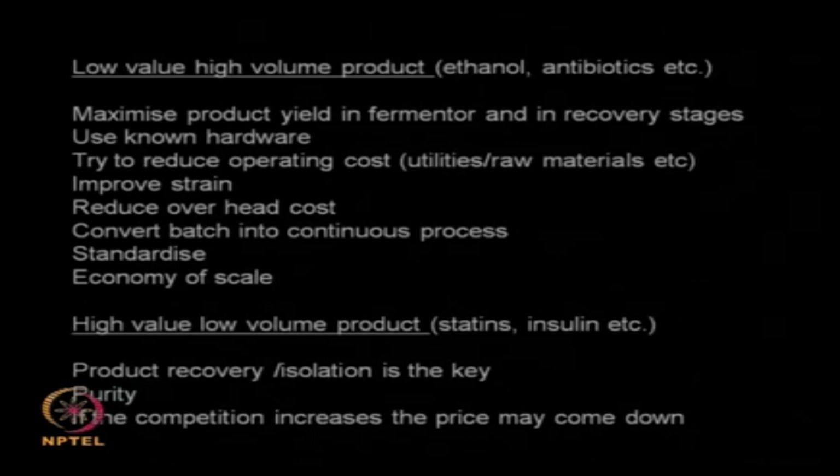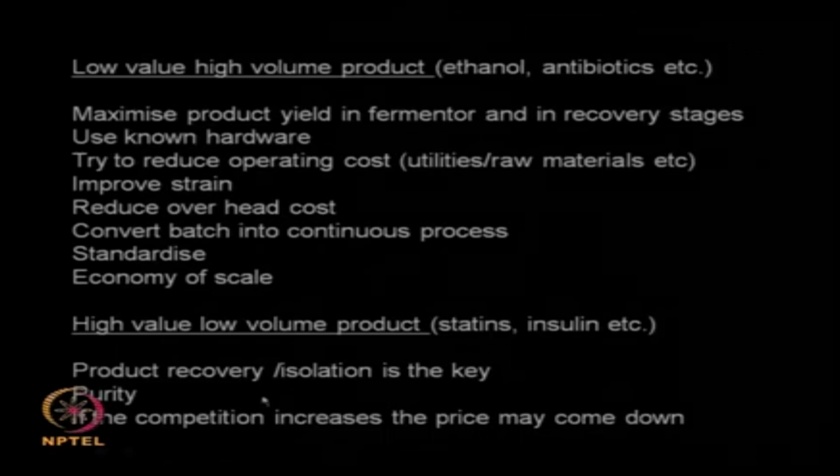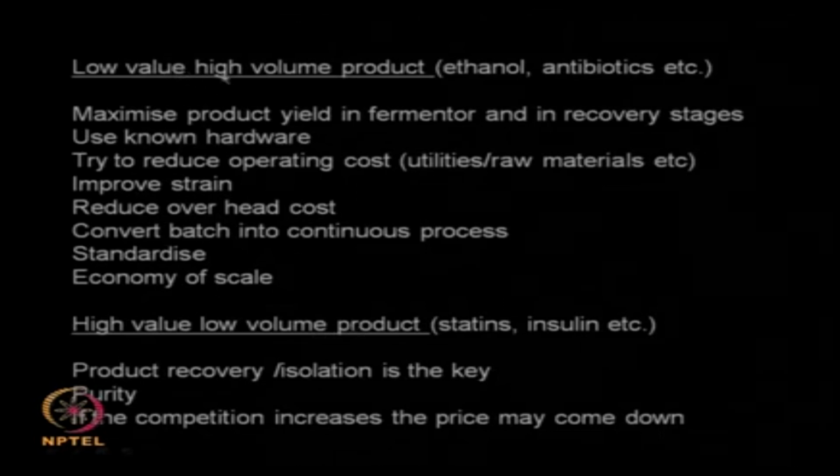This year I will have a monopoly, next year I may have a monopoly, but third year somebody else may be manufacturing that product, then you have to cut down on the cost. So, what happens, your high value low volume product will slowly end up like a low value high volume product. You have to keep reducing the selling price of the product.